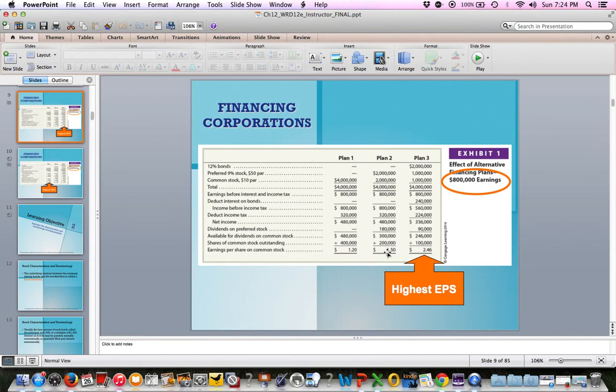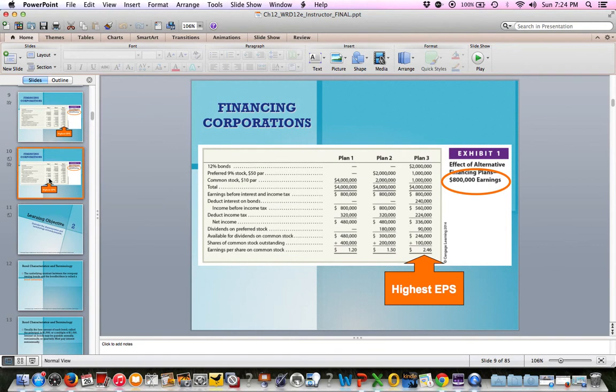For Plan 2, a combination of preferred and common, we get $480,000 net income, but we have to subtract dividends on the preferred stock, which only leaves $300,000 divided by 200,000 shares. For the final one, because we use debt, that helps us a little bit. Debt requires the repayment of interest, so we have to make an interest payment, which reduces net income, but we didn't issue as many shares of stock, so my earnings per share was the highest.